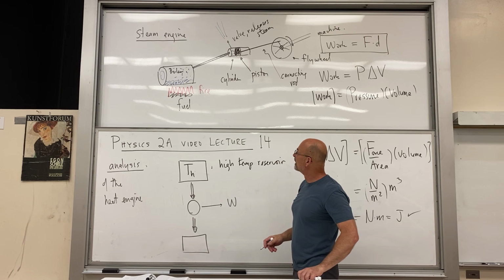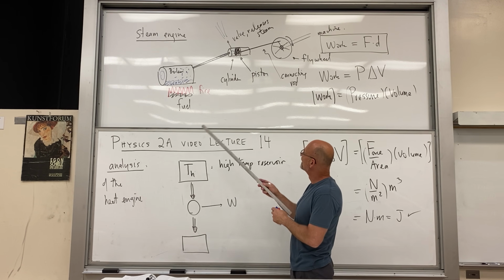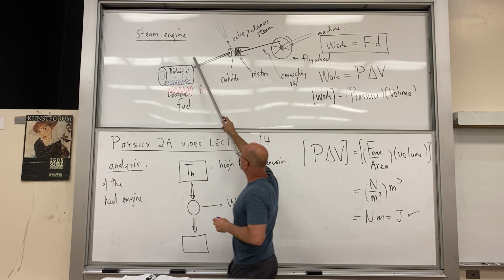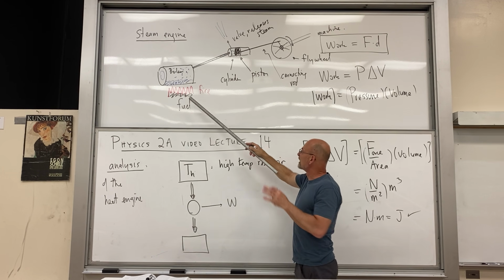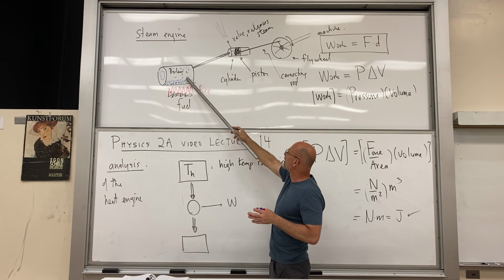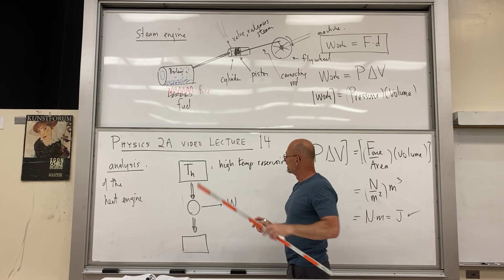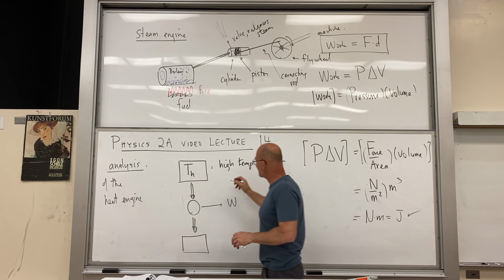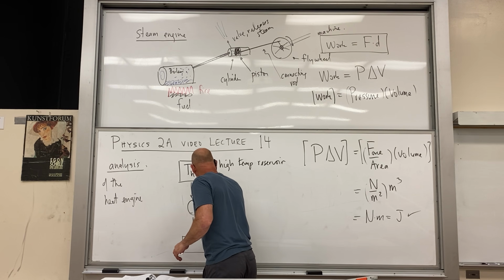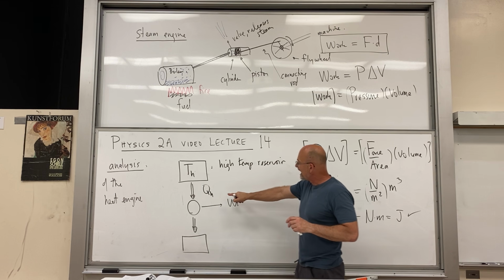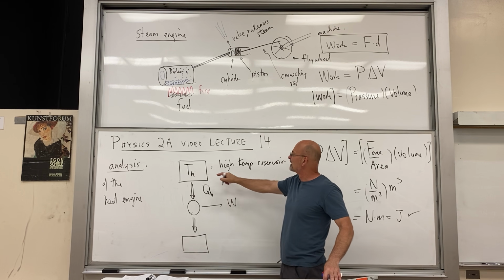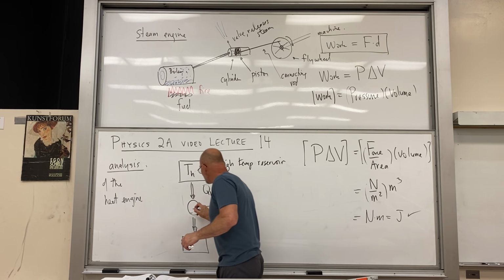In our steam engine, it's the whole boiler setup here, right? It contains a lot of thermal energy, steam under high pressure. Now what this does is it gives off a certain amount of heat, a quantum of thermal energy at that high temperature, and it gives it off to the engine.